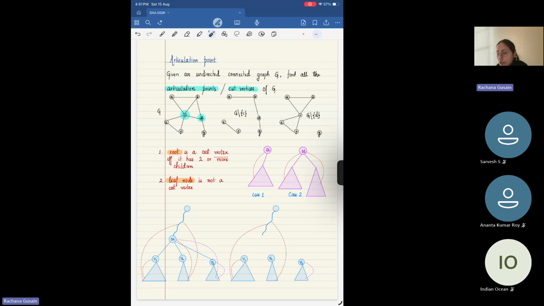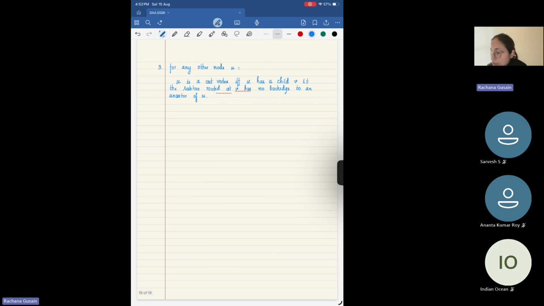As we go down the tree, we know that the starting number keeps on decreasing. So let me call that information the low of a vertex u.